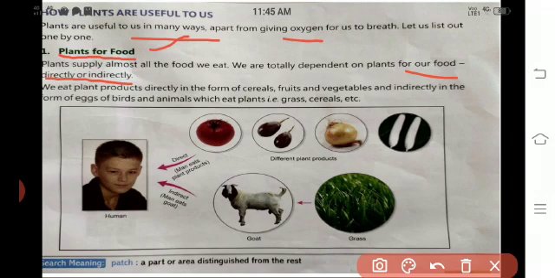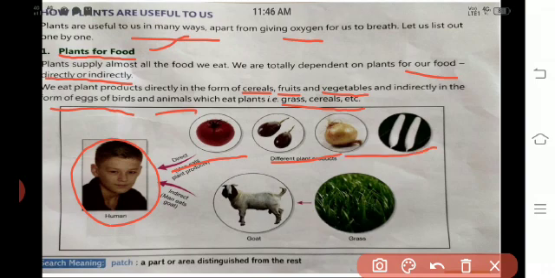We eat plant products directly in the form of cereals, fruits and vegetables, and indirectly in the form of eggs of birds and animals which eat plants, such as grass and cereals. Directly we can eat fruits and vegetables, but here we eat the goat, and the goat eats the grass.